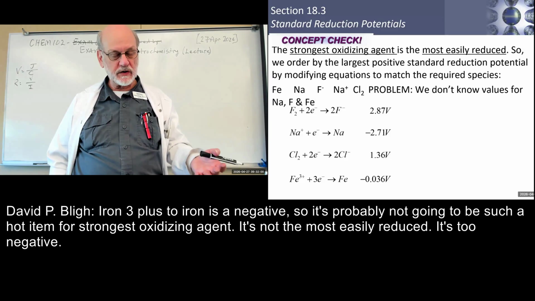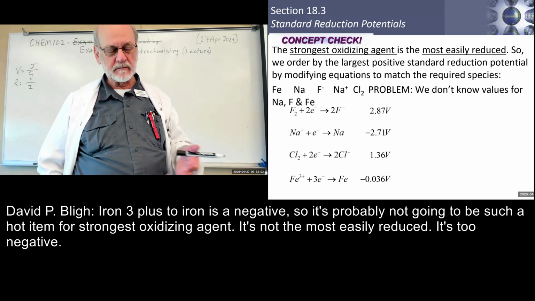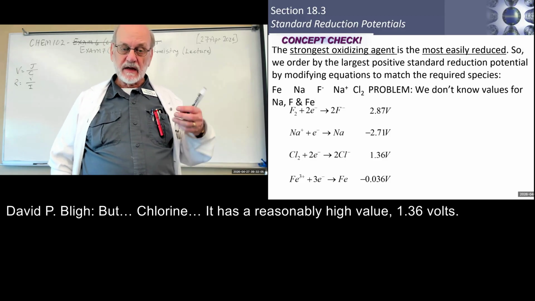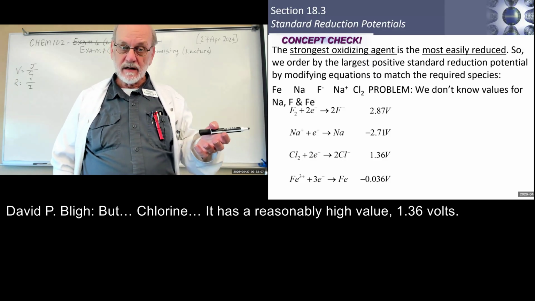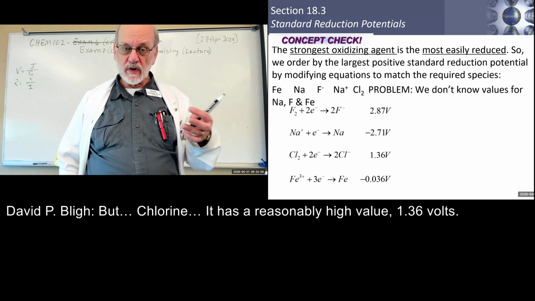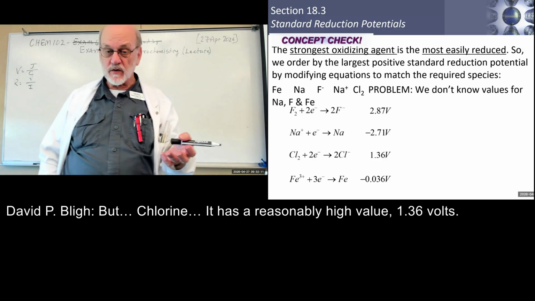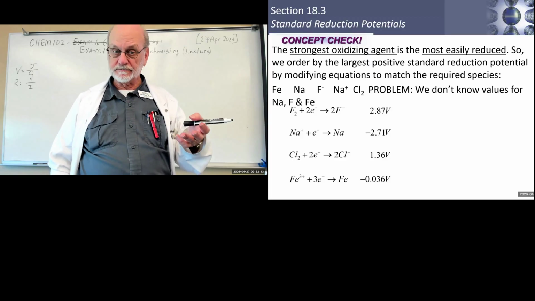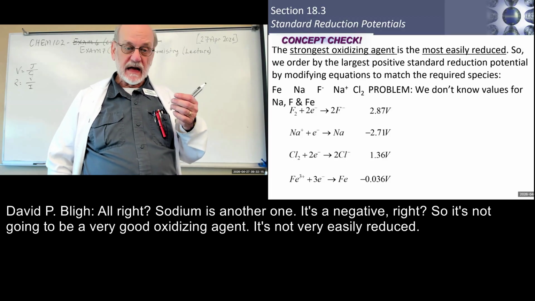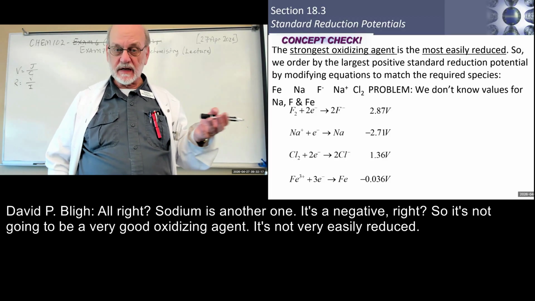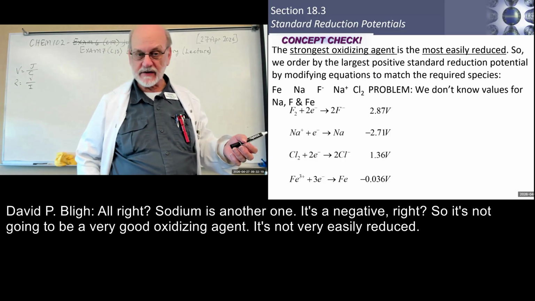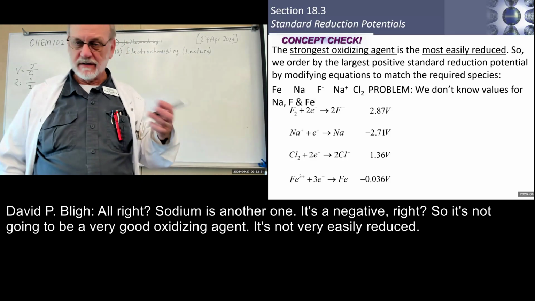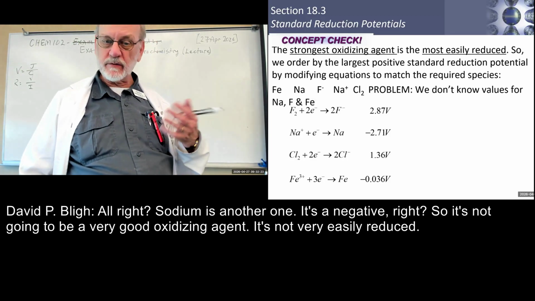It's not the most easily reduced. It's too negative. But chlorine has a reasonably high value, 1.36 volts. All right. Sodium is another one. It's a negative. Right? So it's not going to be a very good oxidizing agent. It's not very easily reduced.